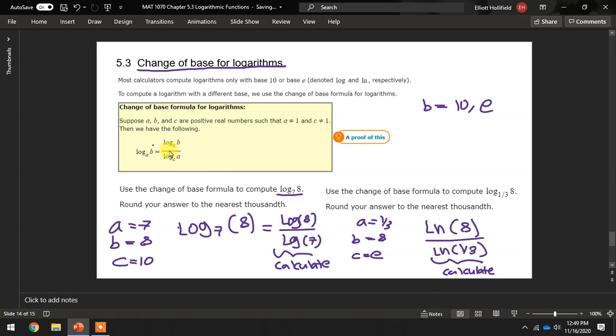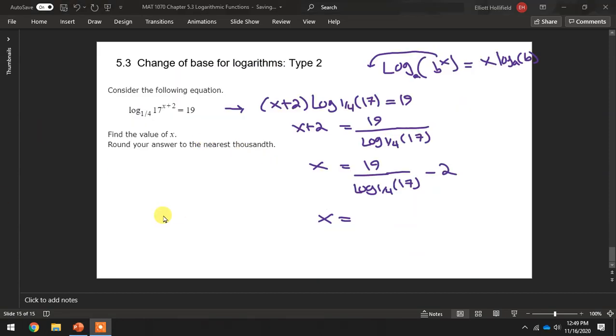So here is our change of base formula. Let's copy that over to here so we can apply it to this problem.